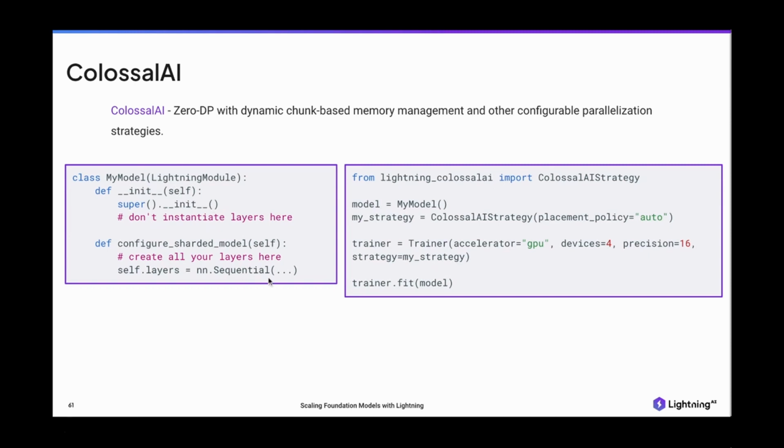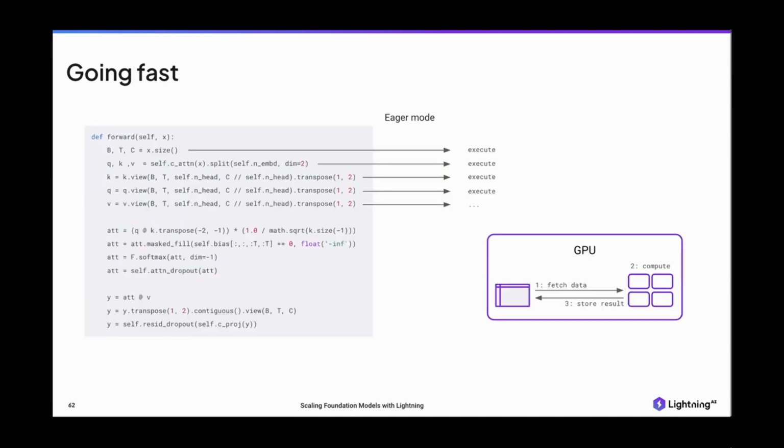But the usage is exactly the same. As long as you implement your model within configure sharded model, then you can play with all the strategies and see what fits your needs the best. And yeah, more or less, I'm done.